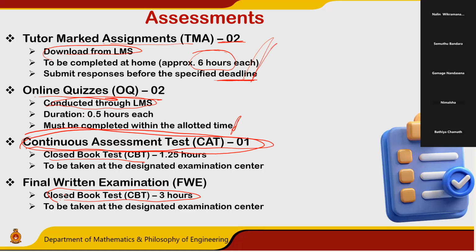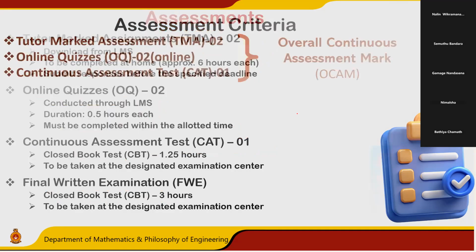In this way, we monitor whether you are involved in the learning and teaching process. First are tutor marked assignments, which you have to submit. Next are online quizzes, the continuous assessment test, and the final examination of 3 hours.